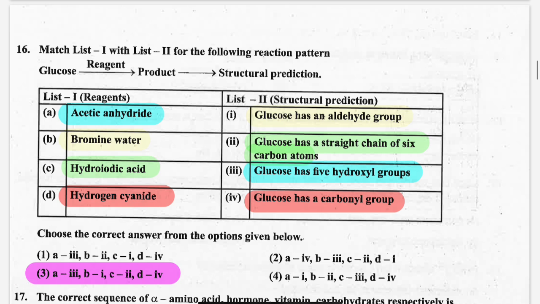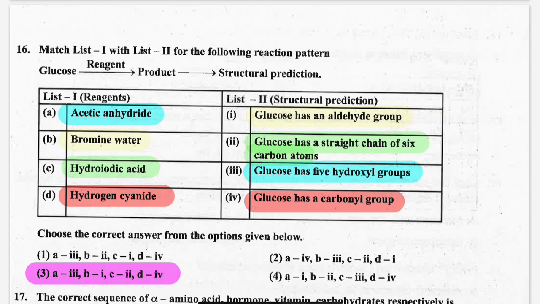Next, again match the following. Here glucose should be converted into the product, and that will be matched with the structural prediction. So you have to find which structure is formed. Acetic anhydride: glucose has 5 hydroxyl groups. Then when glucose is treated with bromine water, it is converted, since glucose has an aldehyde group.